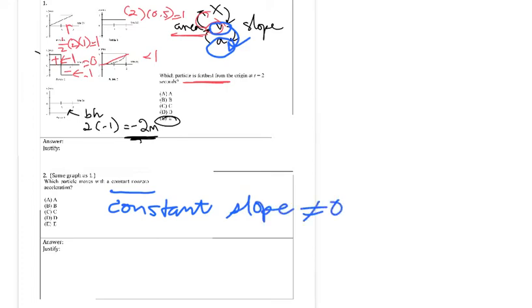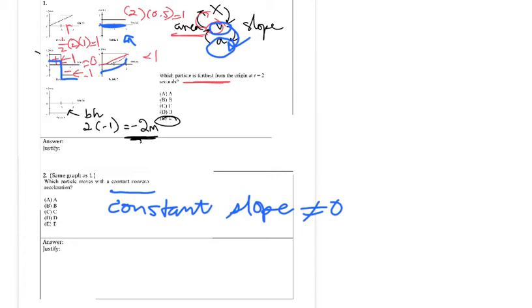It looks like in A we have a constant slope that's not 0. In B, our slope equals 0. Our rise over run is 0. In C we do not have a constant slope.